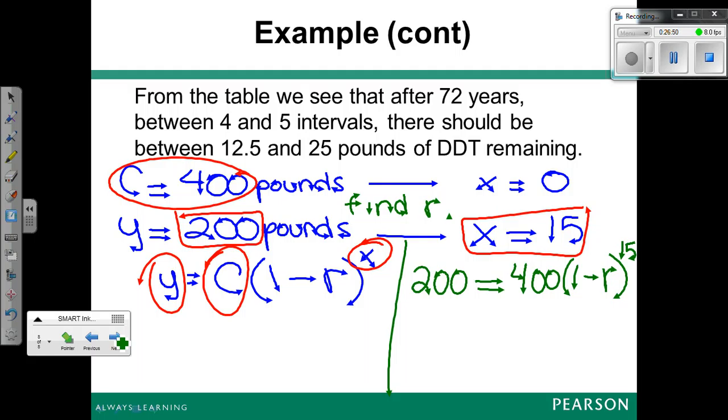Now we have to solve for this R right here.